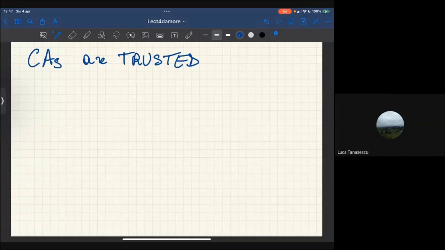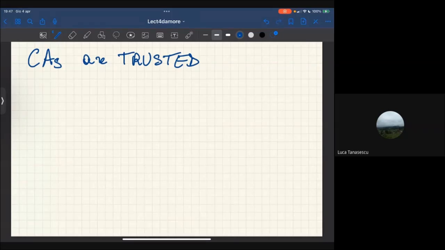All your devices are already trusting some certification authorities, and maybe you don't even know that they are trusting these certification authorities. But when you buy a new device, it is already trusting some certification authorities. You can change if you want. You can untrust all of them, and you can choose which one you want to trust. But normally, whatever device is already trusting a certification authority.